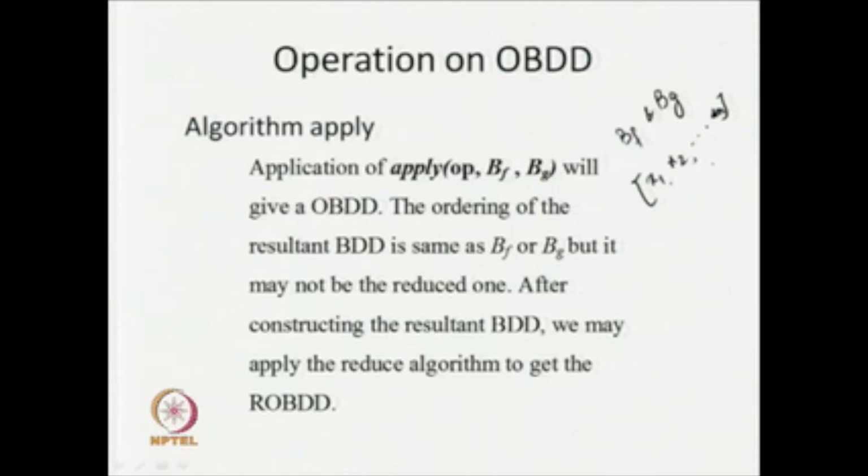Okay. So, what we said about compatible variable ordering is this: say I have two BDDs, BF and BG. In BF, if x appears before y in the ordering, then that should be satisfied in BG also. x must appear before y in BG also.